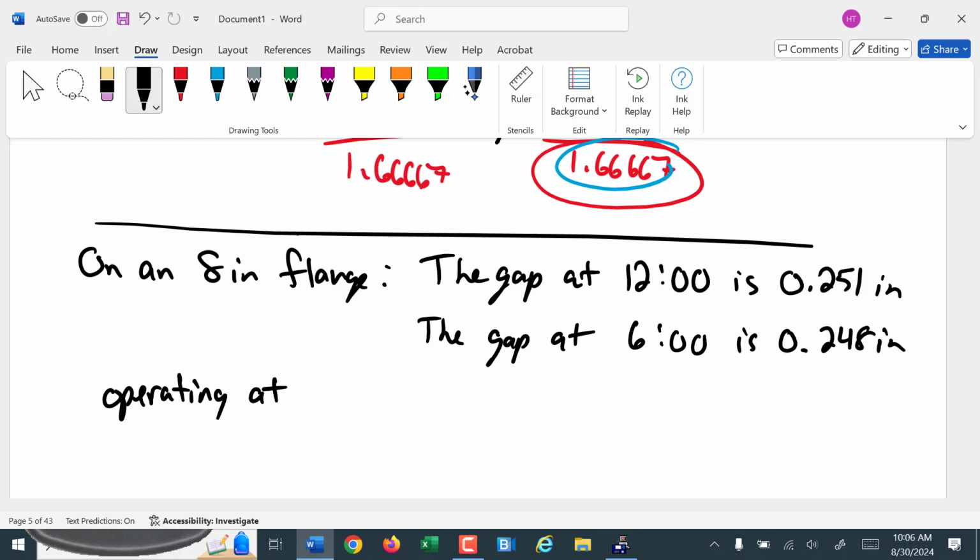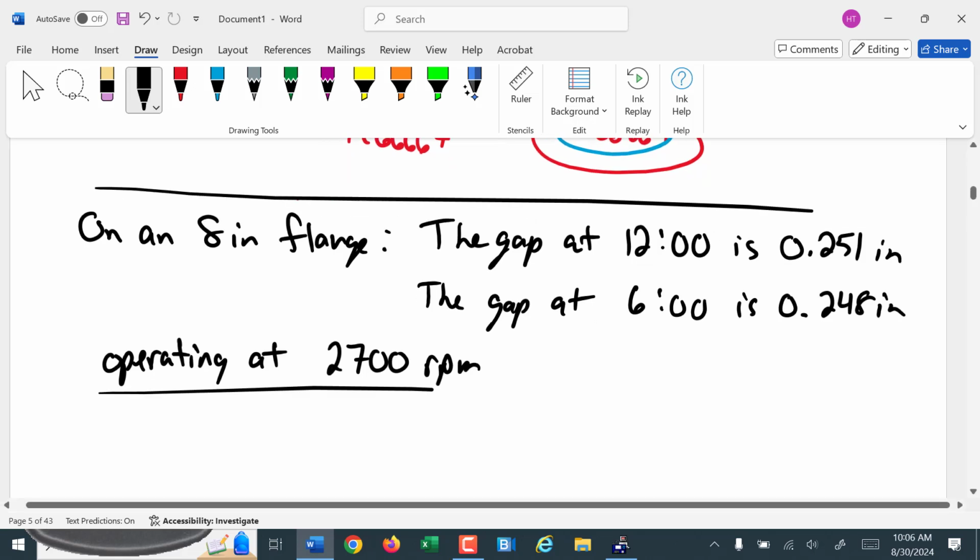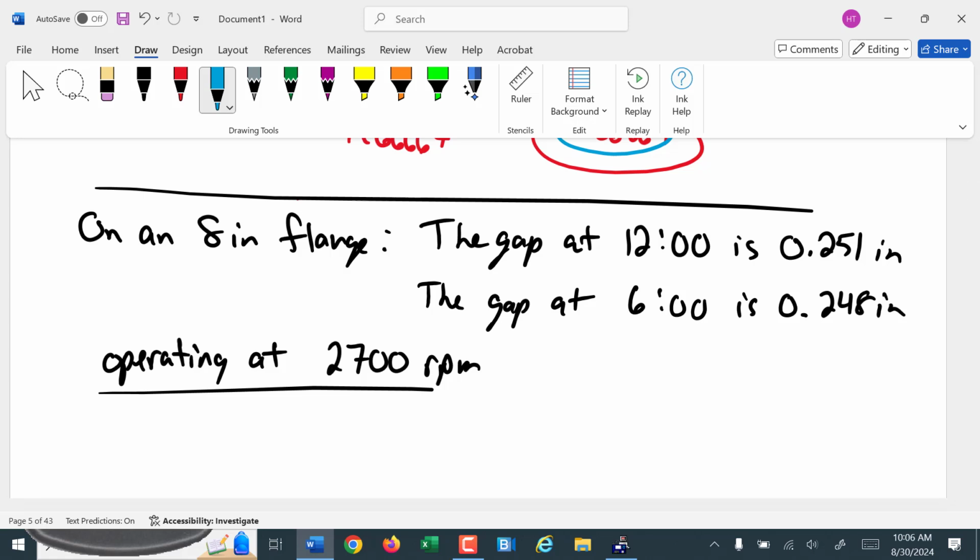The gap at 6 o'clock is 0.248 inches. It's operating at 2,700 RPM. Tell me if that's acceptable. I'll give you a couple minutes.